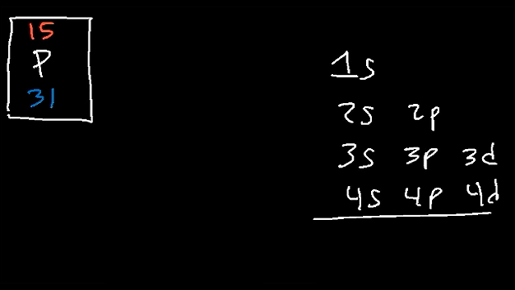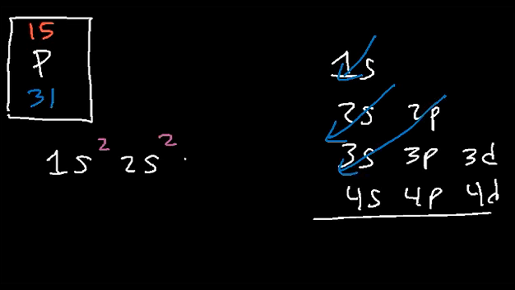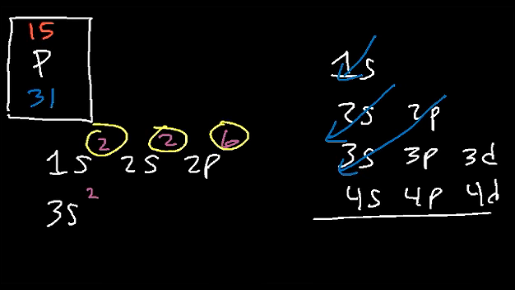So we need to go up to 15. Let's start with 1s. It's going to be 1s2, and then after 1s we have the 2s orbital, so 2s2, and then it's going to be 2p, then 3s, so 2p6, 3s2. Right now, if you add the exponents, 2 plus 2 plus 6 is 10, plus 2 is 12.